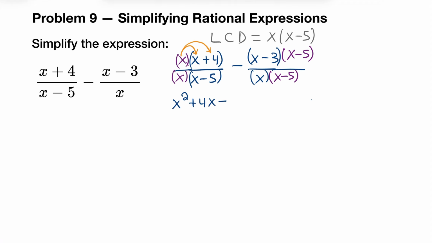Bring down the minus sign, and we'll go ahead and distribute and multiply the binomial here to the right. x times x is x squared. And then we have x times negative 5 is negative 5x.